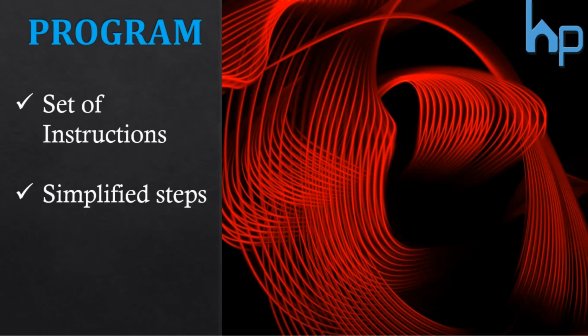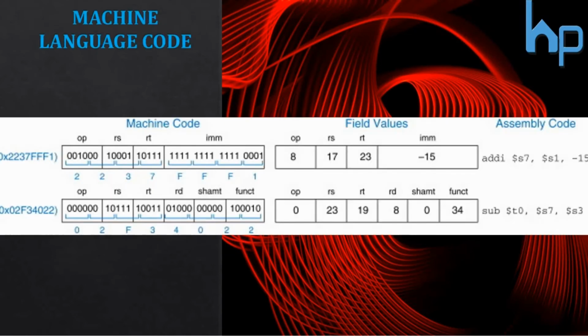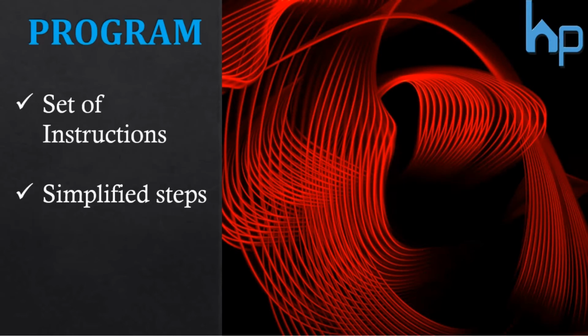So what is machine code? In the previous slide I explained what a program is. A program is a set of instructions that is given to a computer for processing some task. When it is given to a computer, the computer can understand only the binary language, that is, only zeros and ones.